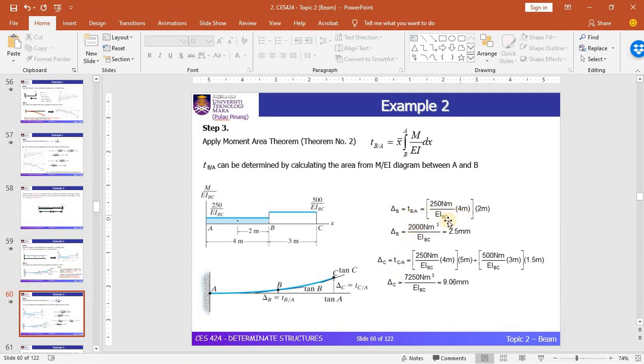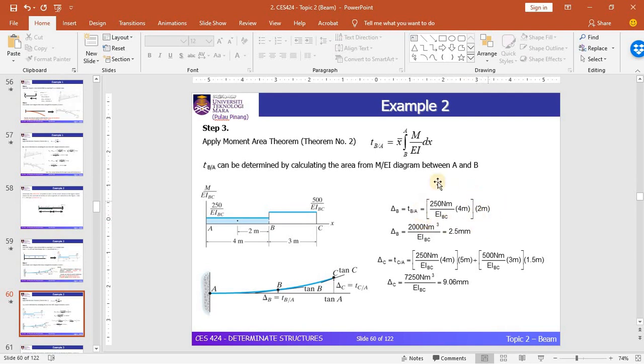In this case, since the first alphabet is B, the distance must be measured from the center of this rectangle towards point B. So this gives us 2 meter, and this is basically the X bar.